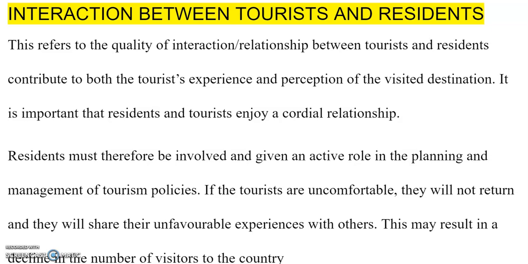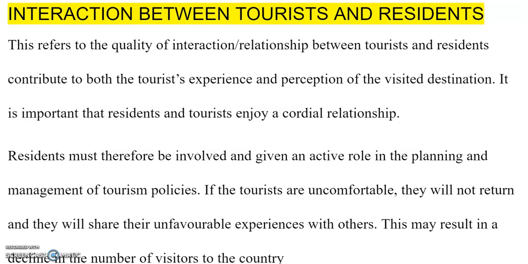Now, when we talk about interaction between tourists and residents, we are referring to the quality or the type of relationship between tourists and residents. And the type of relationship that tourists and residents have contributes to both the tourist experience and perception of the visited destination, right?